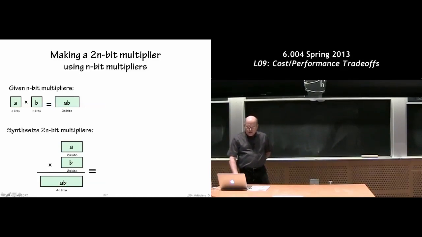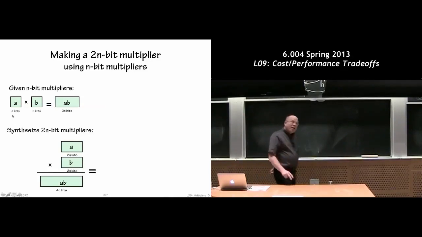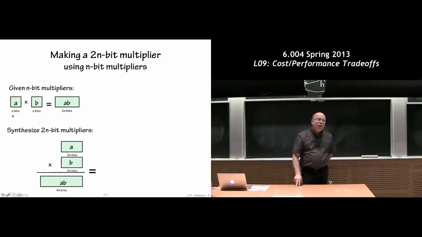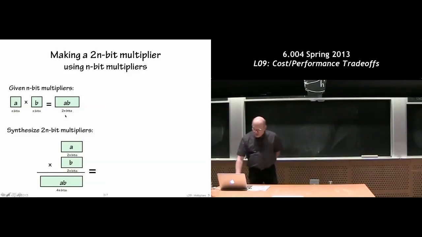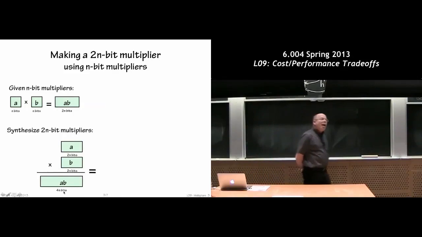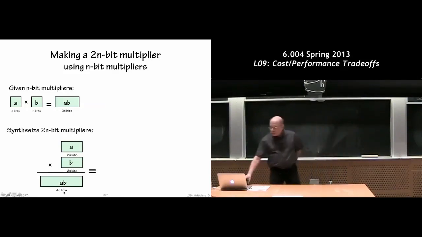So we have something that will take two operands A and B and produce this 2n-bit result. Let's just, for the sake of argument, say those are what's in your toolbox. And now somebody asks you, can you solve a problem with twice the size? In other words, if I start off with 2n-bit operands, which will produce a 4n-bit result, is there a way of thinking about the problem that allows me to use the building block I've been able to check out from the stockroom?